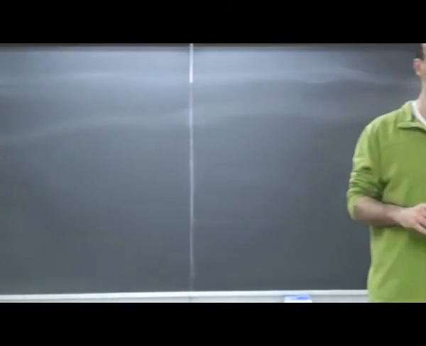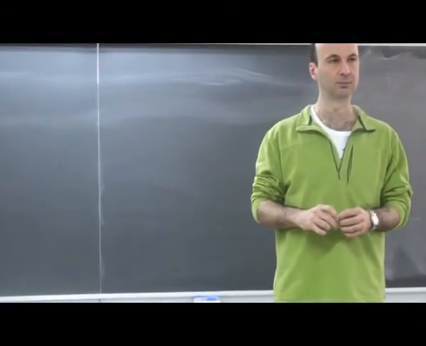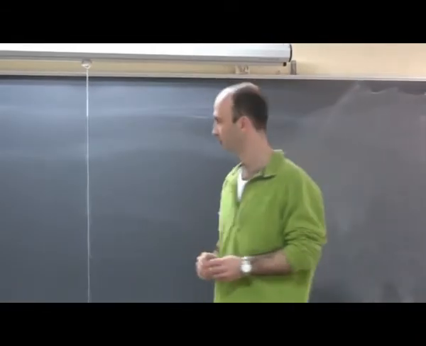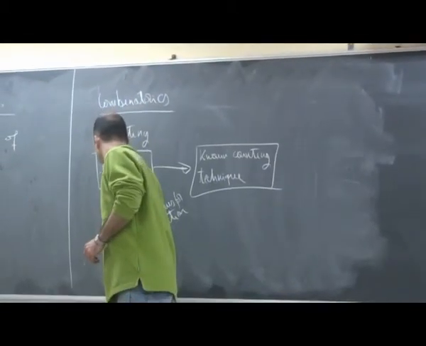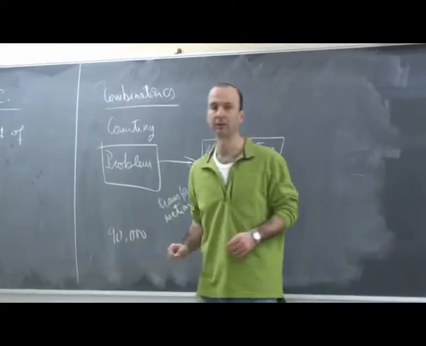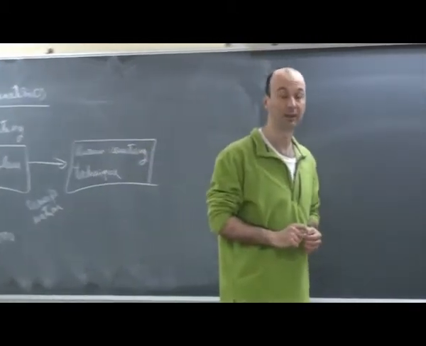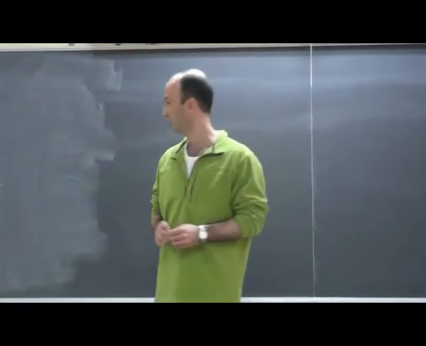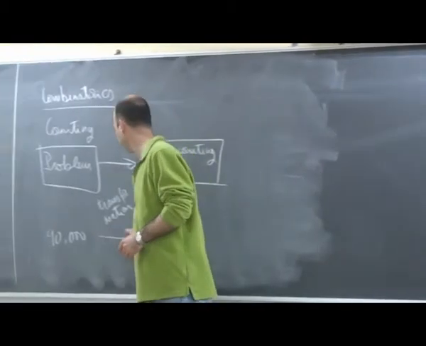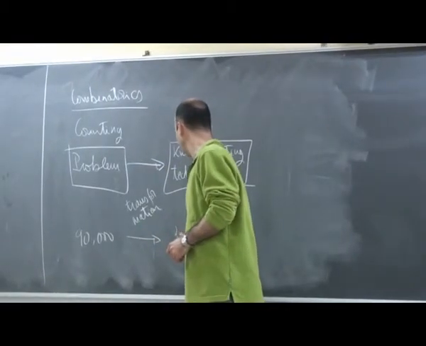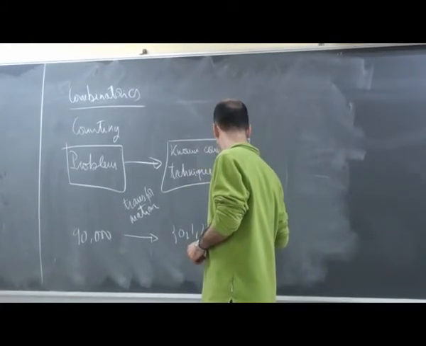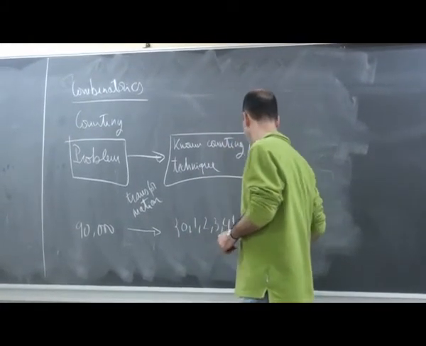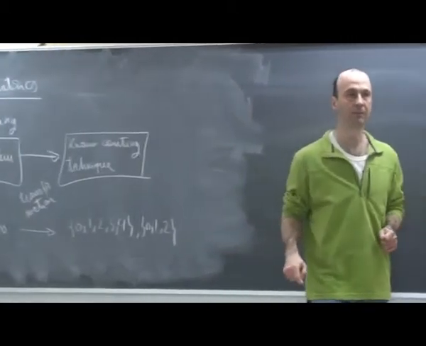Can you tell me an example? Remember the problem of counting the divisor of 19,000? It was transformed into counting things about these two sets.